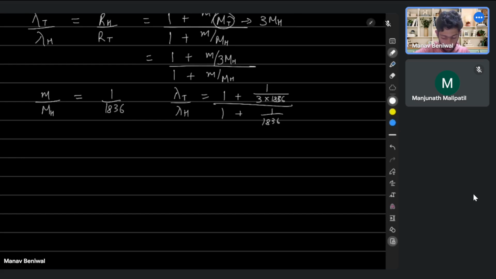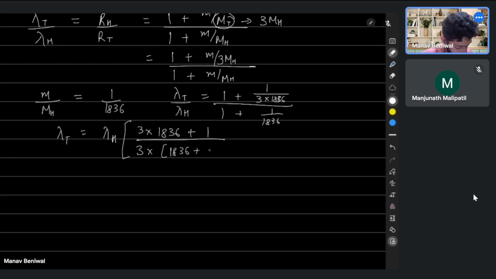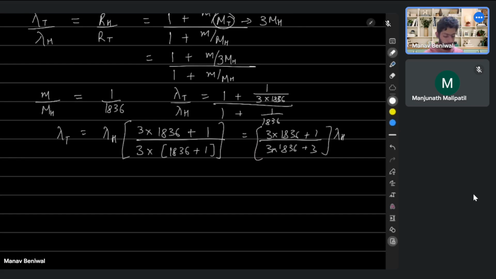Upon solving further, we get lambda t is lambda h times (3 into 1836 plus 1) over (3 into 1836 plus 3).